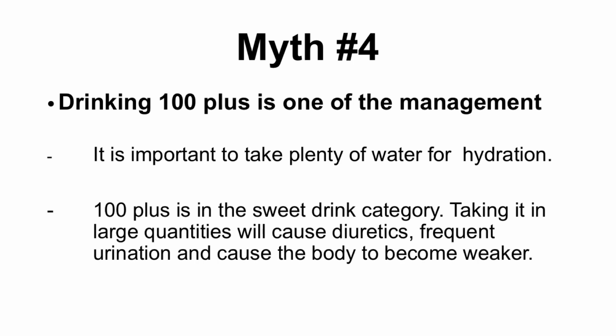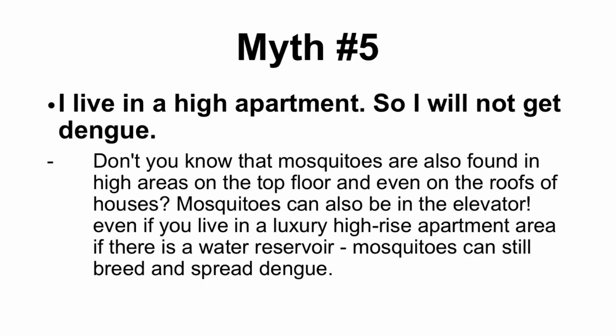So when we take it in a large quantity, it will cause us to urinate frequently because of diuretic effects, and a lot of urination can cause your body to become weaker. But it is important for us to drink plenty of plain water for hydration, of course.